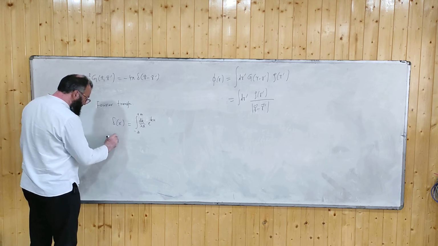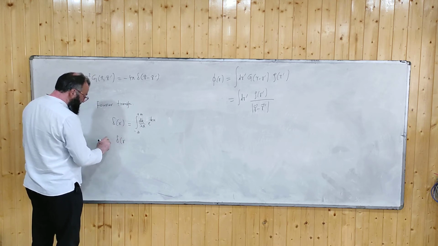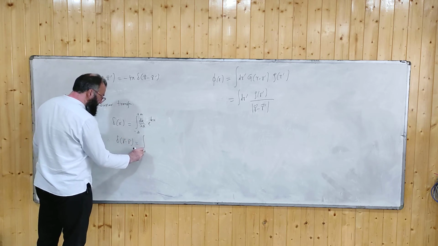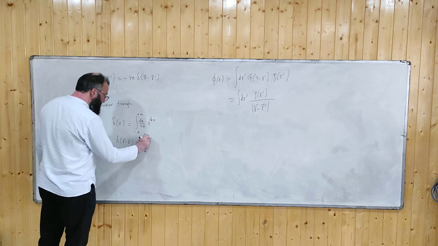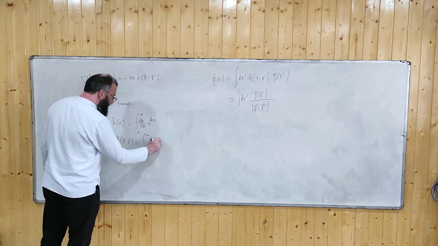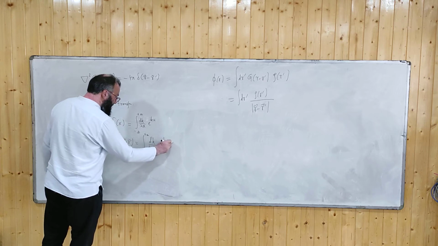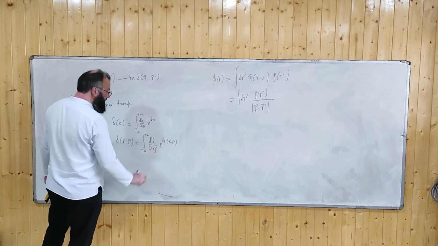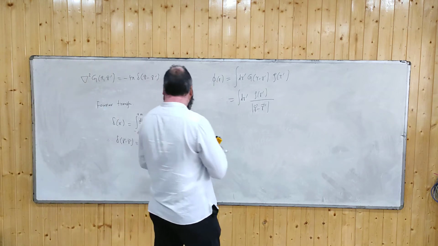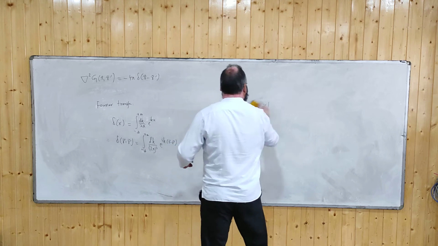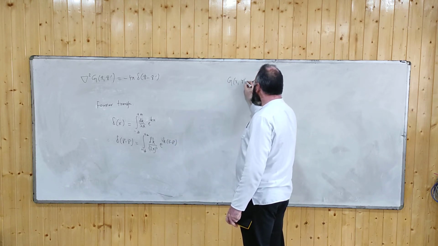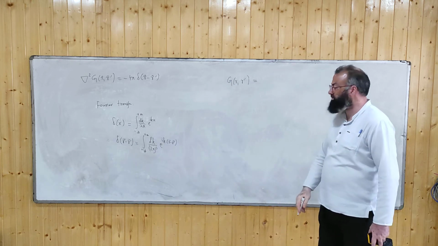If you have a three-dimensional delta function, I can write delta of r minus r prime as the integral from minus infinity to plus infinity of d3k by 2 pi cubed, e raised to i k dot r minus r prime. Clear? This is how in 3 dimensions we write the delta function. Now let's take the Fourier transform of G of r minus r prime.